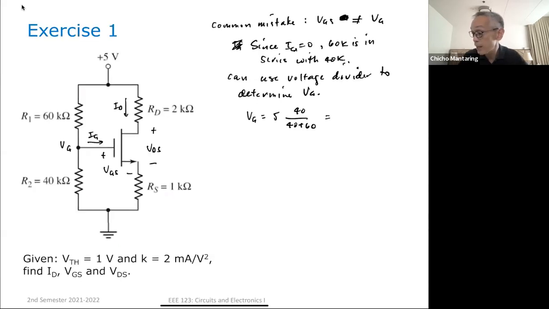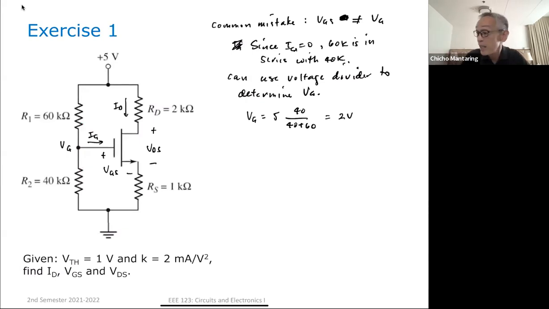And this actually ends up just being 2 volts. Okay, this will take up 40% of the 5 volts, and this will take up 60% of the 5 volts. So this is 2 volts, and this is 3 volts across it.